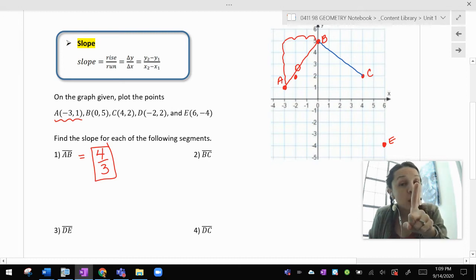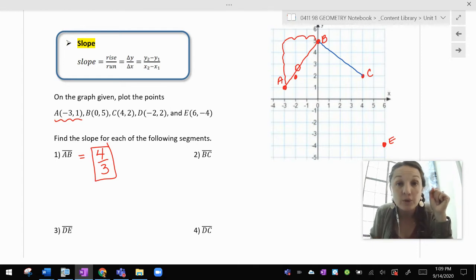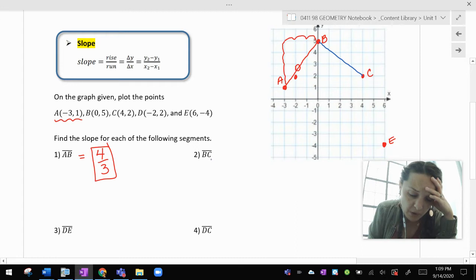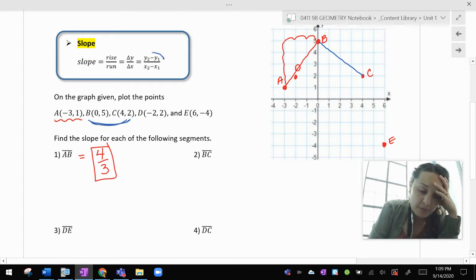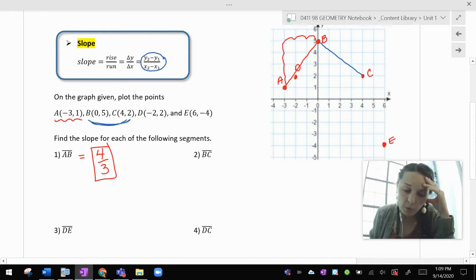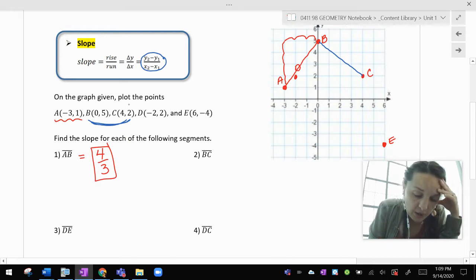Now, the thing I do want to mention is if you look at that, from B to C, we go down when looking from left to right. So we know that this slope better be negative when we're done with it. So let's make sure. If I want to go from B to C, I'm going to use the formula, y2 minus y1 over x2 minus x1. So if I'm using B and C, there's y2 and y1. There's x2 and x1.